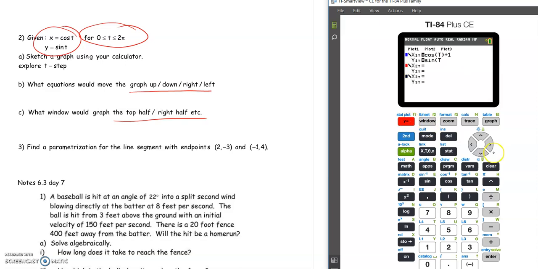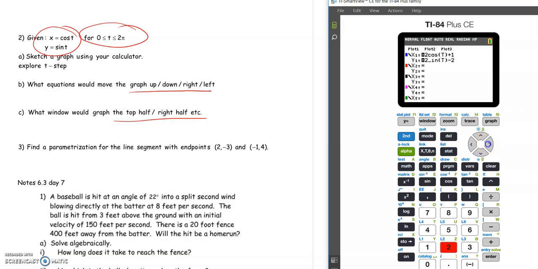And for example, if I decided for the sine to do -2, it's actually going to move the whole circle down 2. Let's say you wanted to change the radius. You could do a vertical stretch or shrink. So I'll insert a 2 here. I'll insert a 2 here.